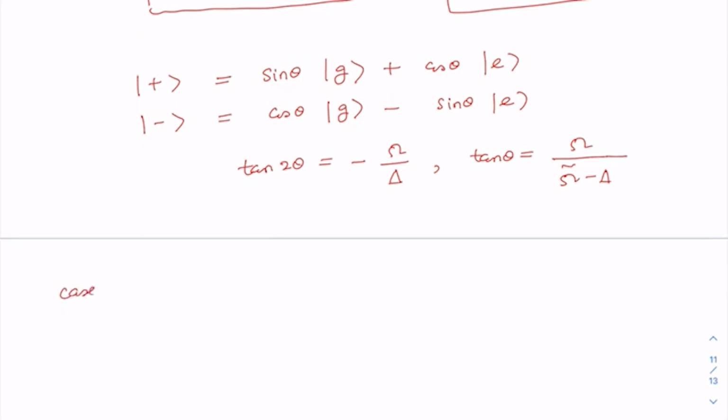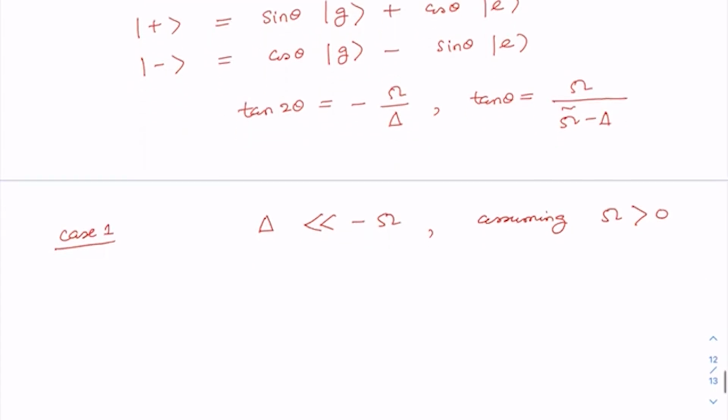Let me consider one case where this detuning parameter is much smaller than minus omega. Omega is the Rabi frequency, and we assume that the Rabi frequency is positive, say omega is greater than 0 by convention. Then let us see what we'll get. What about the angle if this is the case?